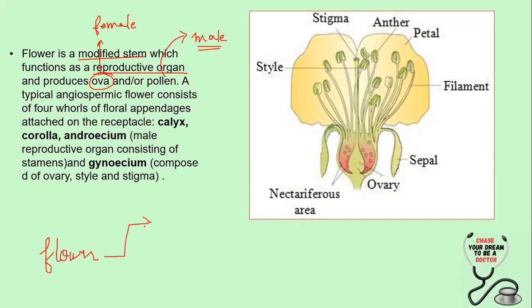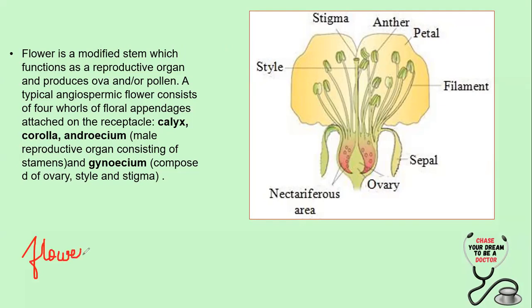So a typical angiospermic flower, as you have been studying from your lower classes onwards, consists of two main parts. The parts of a flower can be divided into two. I'll write it once again with the pen. Just listen. You can call them the essential whorls, and you will have the non-essential whorls as well.